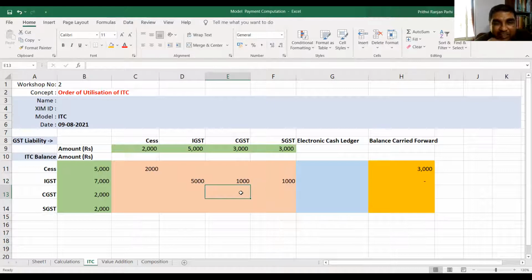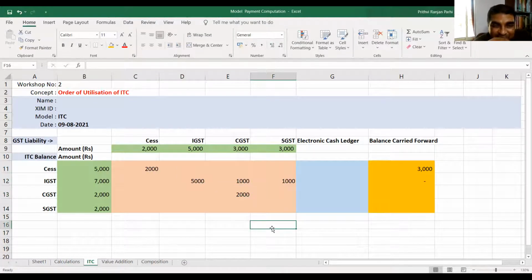Okay, CGST liability is still how much? 2,000. Okay, and I have 2,000 balance. This CGST liability has to be paid from what? Sir, CGST only, directly.